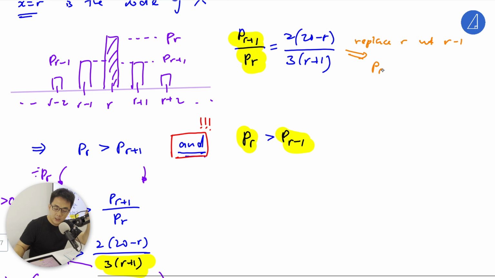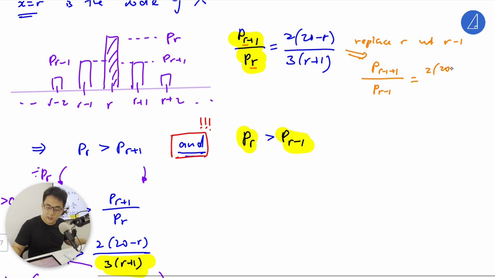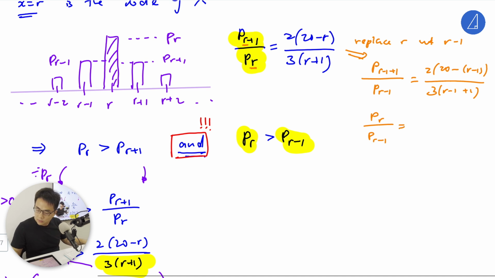This will be P(R minus 1 plus 1) over P(R minus 1). Agree? All these R change to R minus 1. You replace entirely. So this will be P(R minus 1 plus 1). Then the other one, same thing, 220 minus (R minus 1), over 3(R minus 1) plus 1.